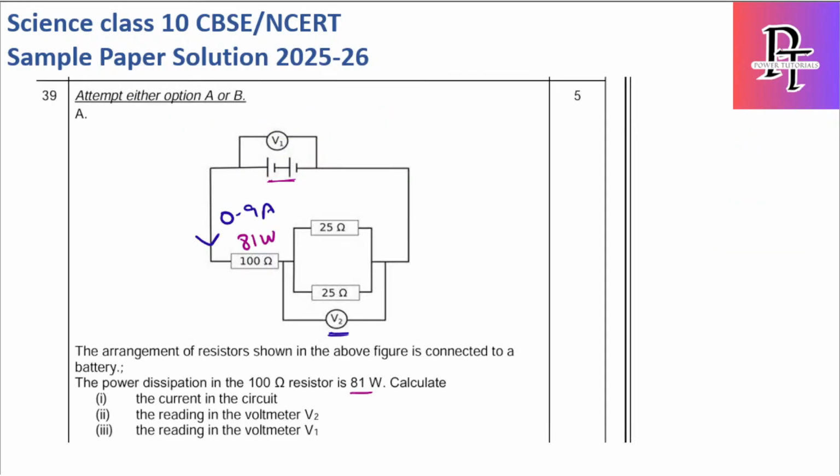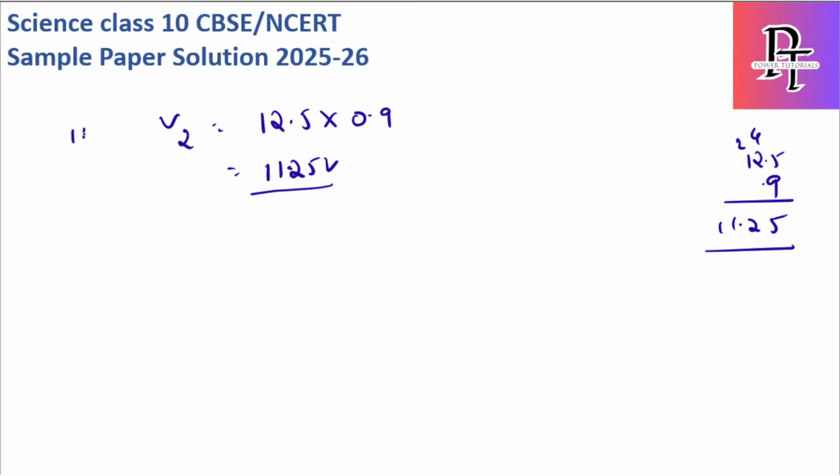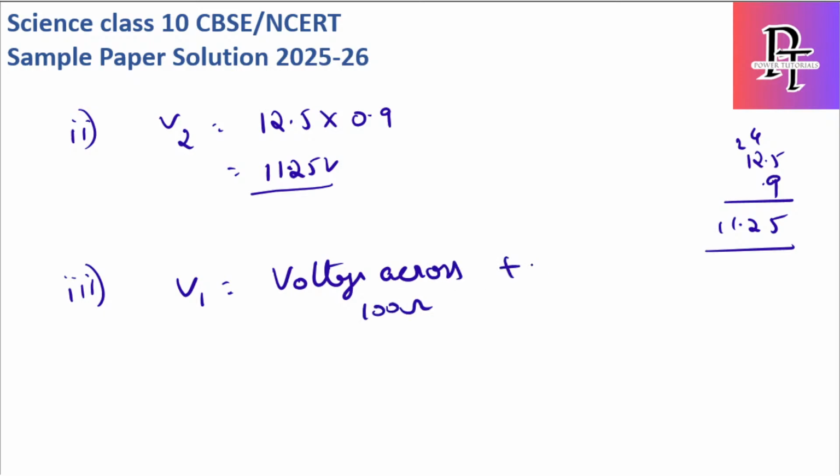Okay, what is the next question? The reading of the voltmeter V1. V1 is here. V1 is nothing but the voltage of this one plus this one, because V1 is parallel to this entire circuit. So V1 is the voltage across 100 ohms plus V2.